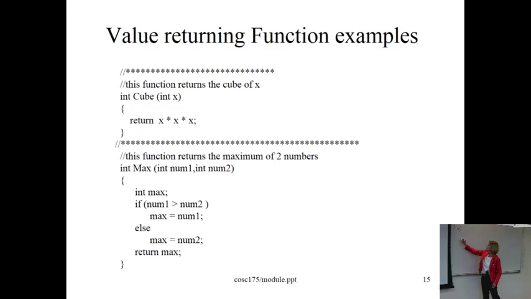So we have int product. It has two numbers coming in. One way to write it, and it's up to you, whichever one you feel more comfortable with, is just to say return x times y. Okay? Another way, some people like this better.